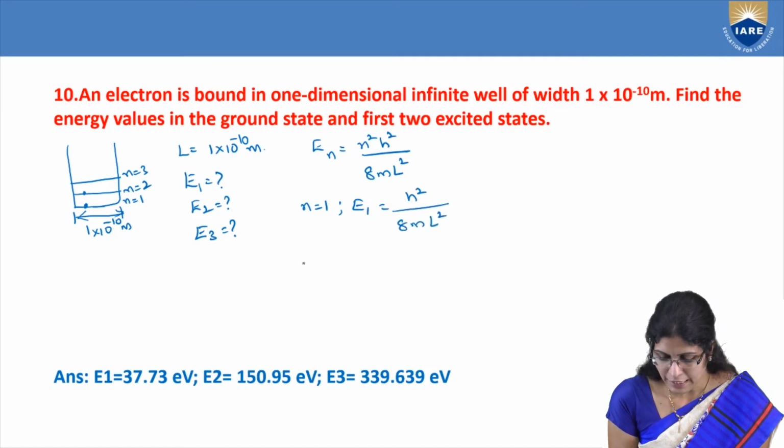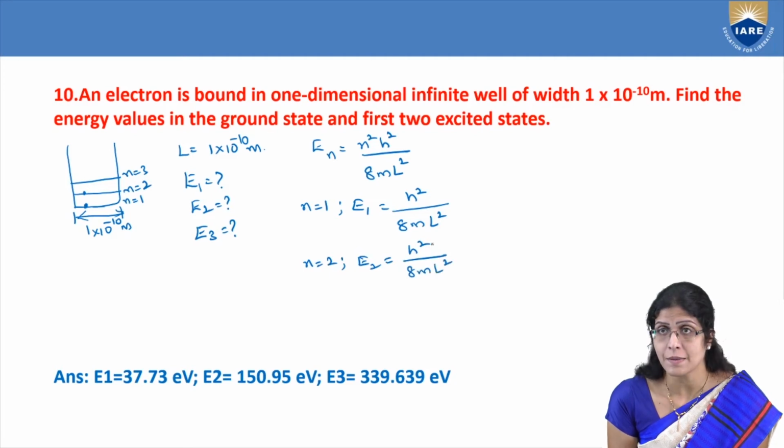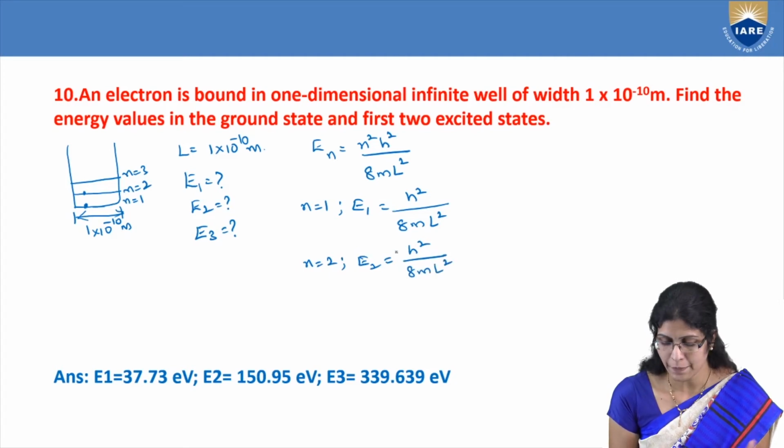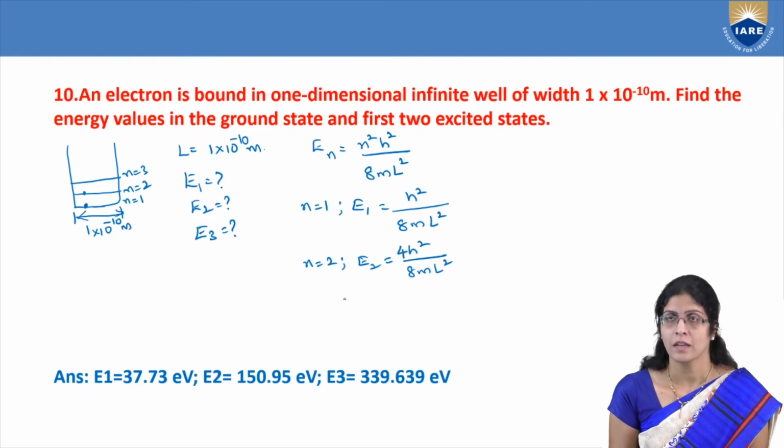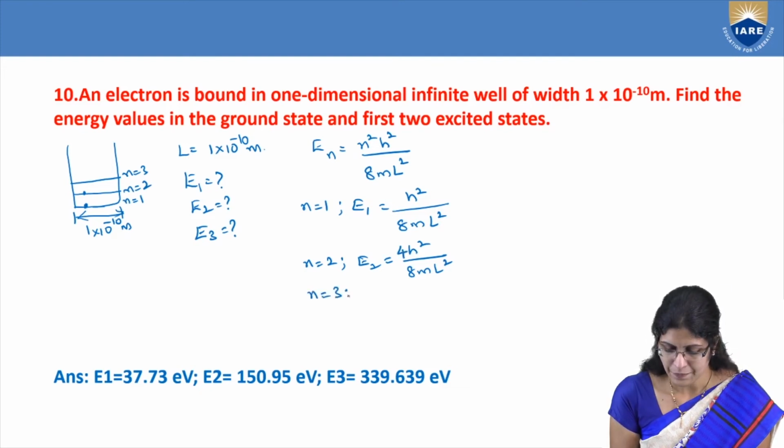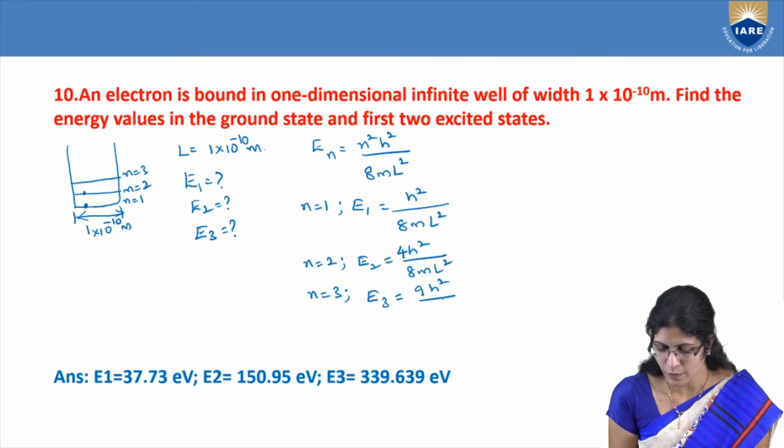And for n is equal to 2, E2 is equal to h square by 8mL square, and we are missing something here. What is that? 2 square means 4. And for n is equal to 3, E3 is equal to 9 h square by 8mL square.